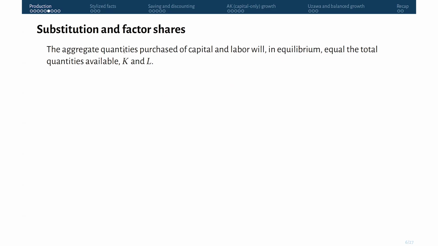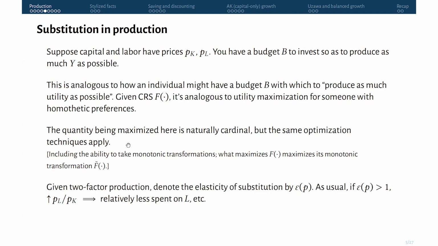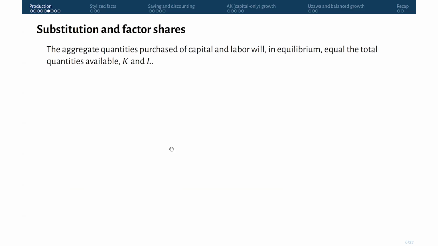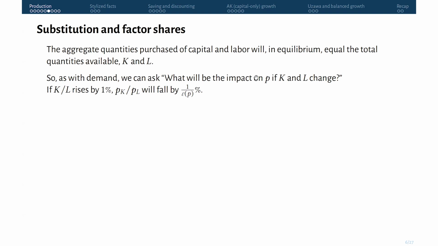Now, we can think about this in reverse. Instead of thinking about what happens to the quantities employed when the prices change, we can observe that we just have some stock of capital and labor today, which will be employed somewhere. Everyone's going to work a full-time job, more or less. All the capital will be put to some use. So in equilibrium, the aggregate quantities purchased are going to be the stocks, K and L. We can ask what happens to the prices if the quantities change.